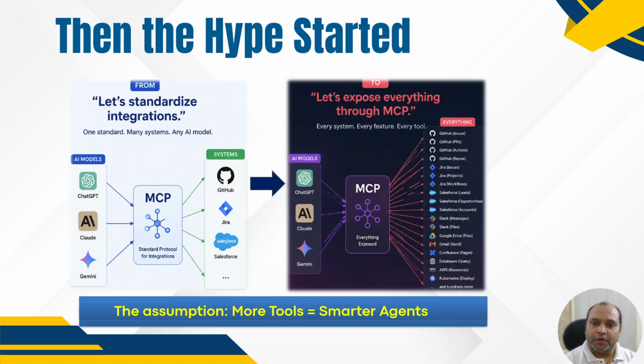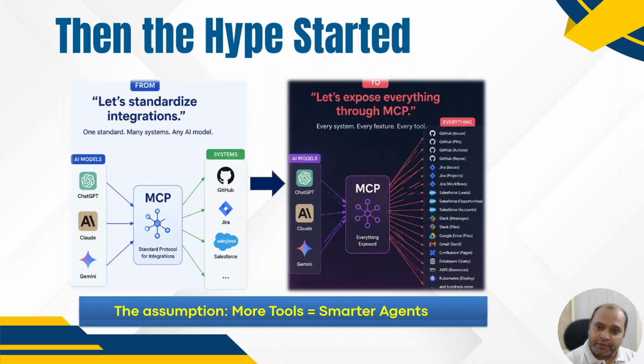Let's say your AI agent connects with Jira, Salesforce, GitHub, and others like Playwright. You connected so many MCP servers to your agent, and you thought your agent became smart. That's no doubt at all, your agent is really smart, but there's another drawback that was hidden behind it.